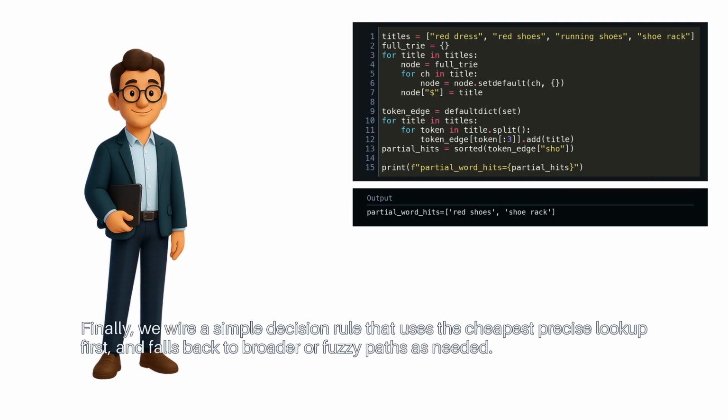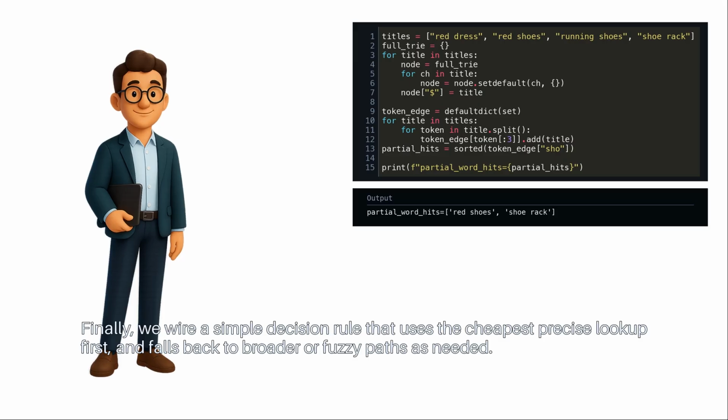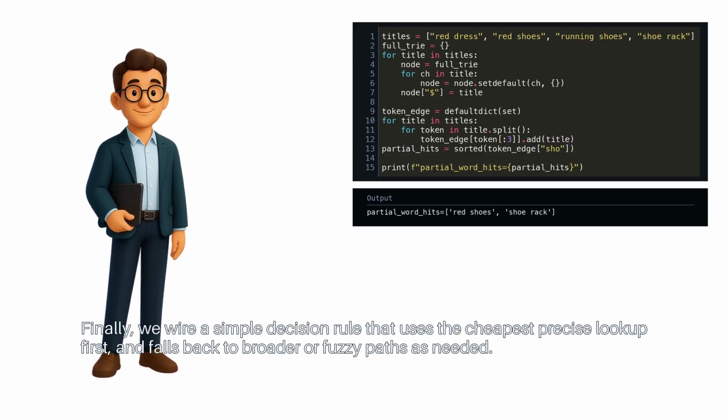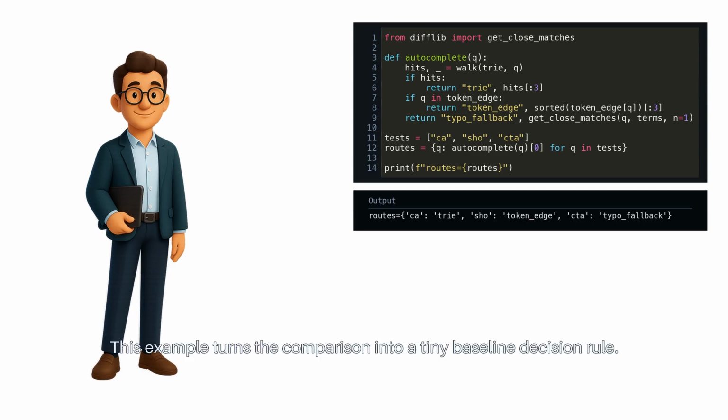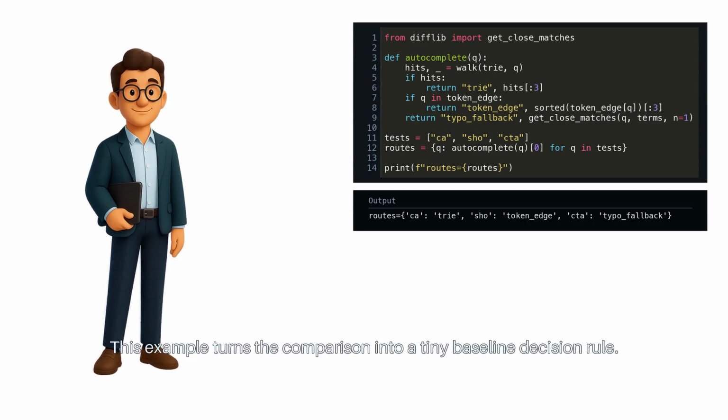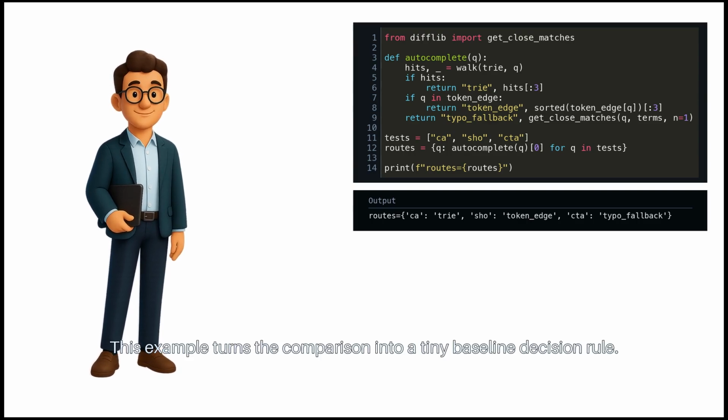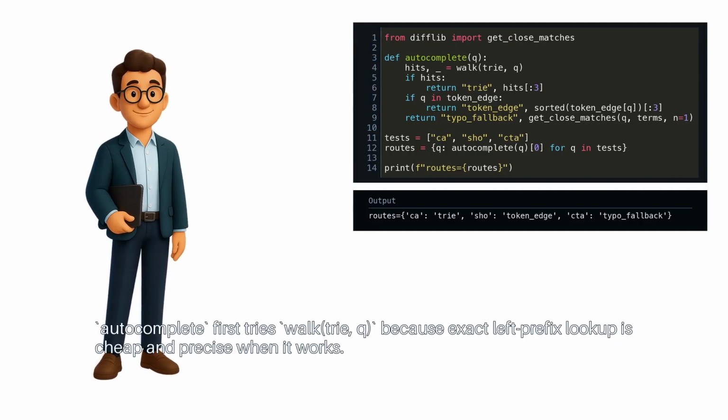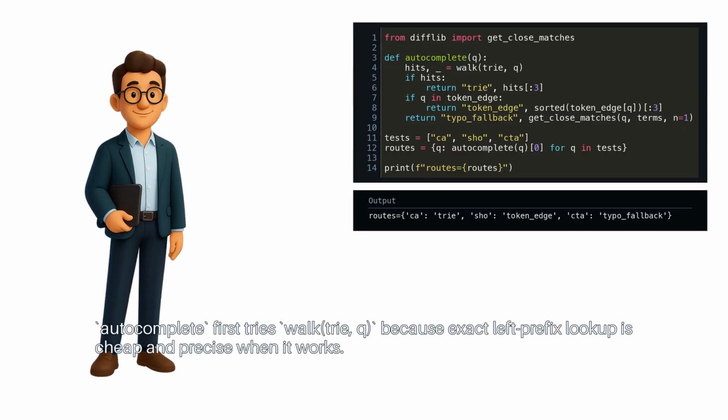Finally, we wire a simple decision rule that uses the cheapest precise lookup first and falls back to broader or fuzzy paths as needed. This example turns the comparison into a tiny baseline decision rule. Autocomplete first tries walk_trie because exact left prefix lookup is cheap and precise when it works.